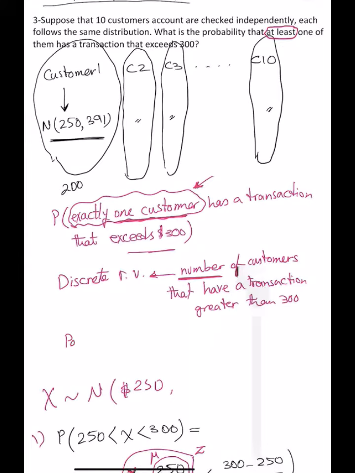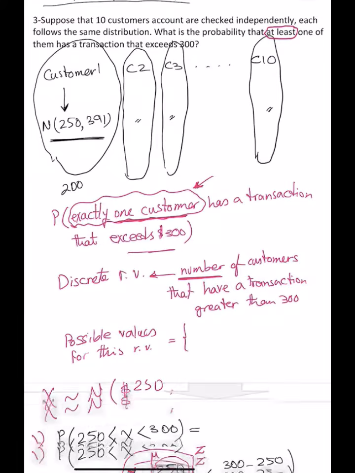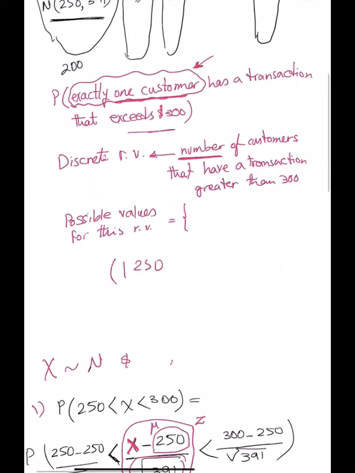So what are the possible values for this random variable? What are the possible values for number of customers out of these 10 that we are looking at? Out of these 10 customers, what are the possible values for number of customers that have a transaction that exceeds 300?